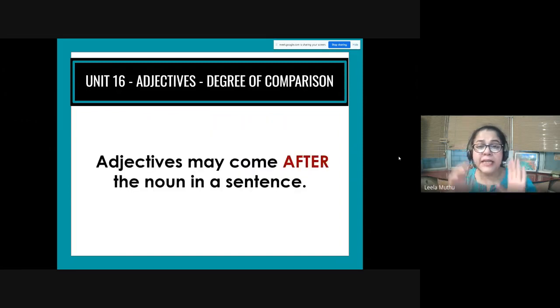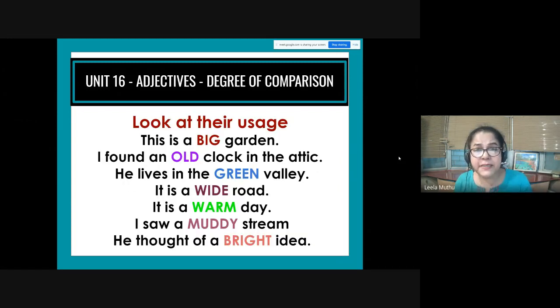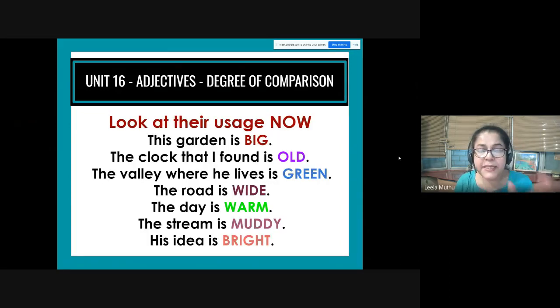So now, adjectives may come even after the noun in a sentence, not necessarily always before the noun. Let's take the same sentences from the previous slide and put the adjectives after the verb, after the noun in the sentence. This garden is big.